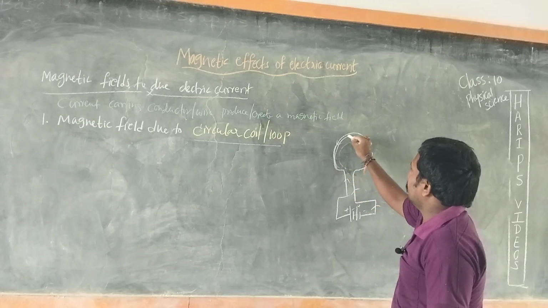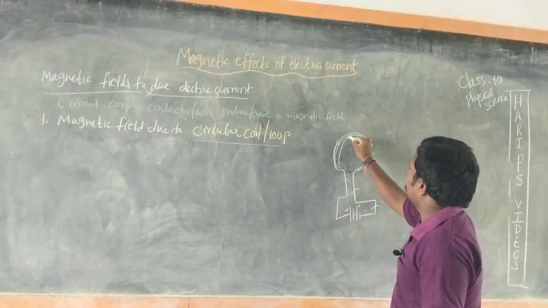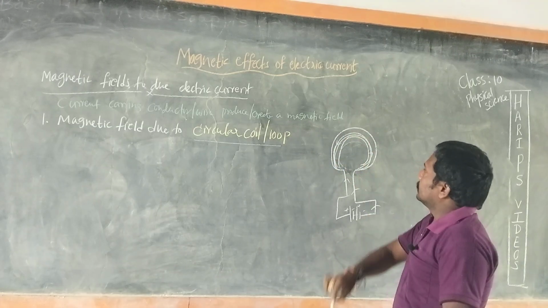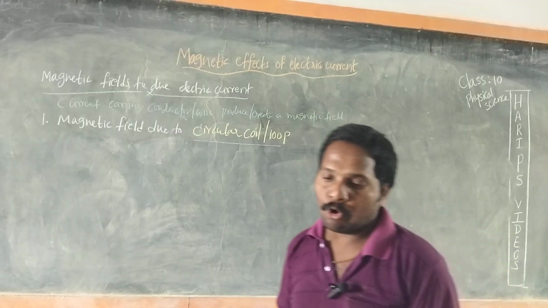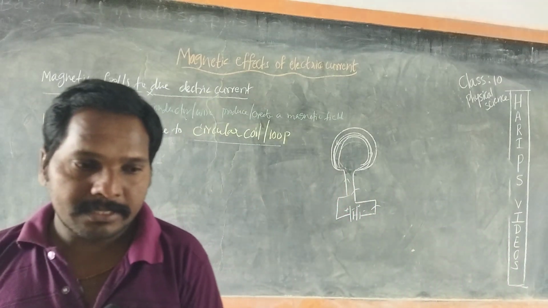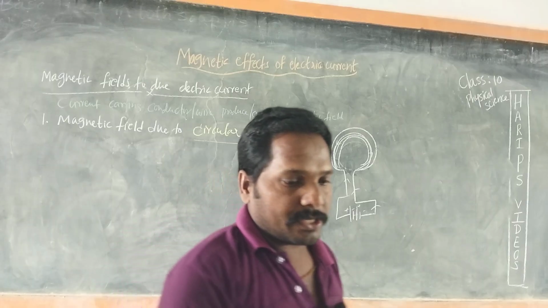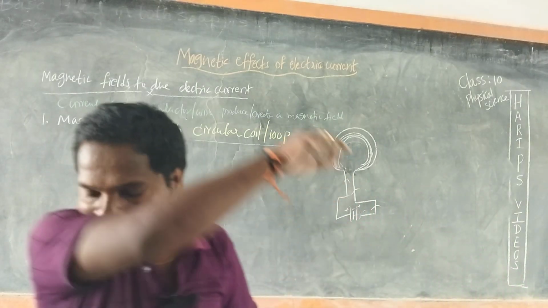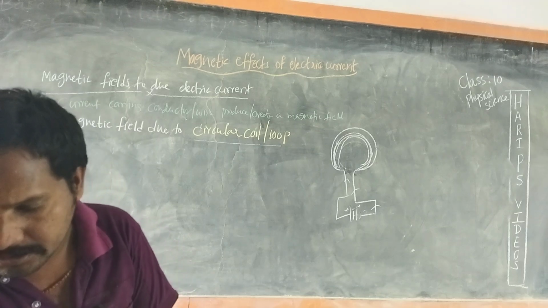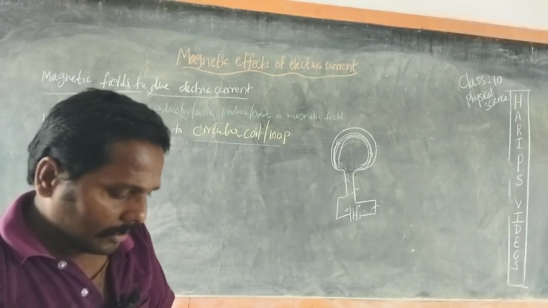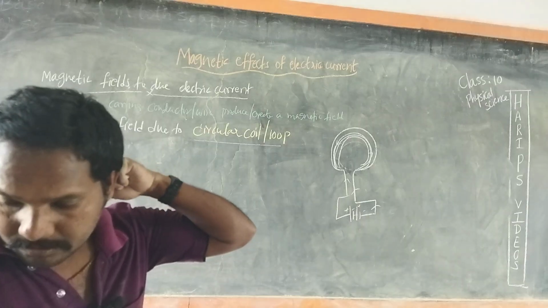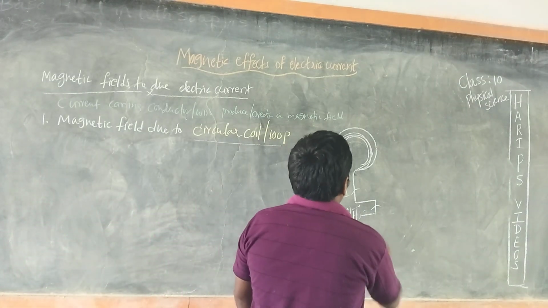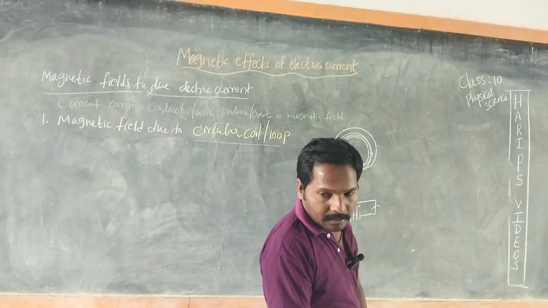In case of a circular coil, in which direction is the magnetic field formed? In which direction is the magnetic field formed? Right? So here we have to place a magnetic compass.